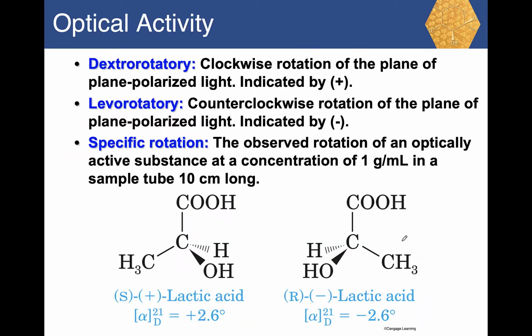So let's apply that. Here is an organic molecule, lactic acid. If you put this molecule in the polarimeter, in the sample chamber I pointed out in the previous slide, it will rotate the plane of light by 2.6 degrees.